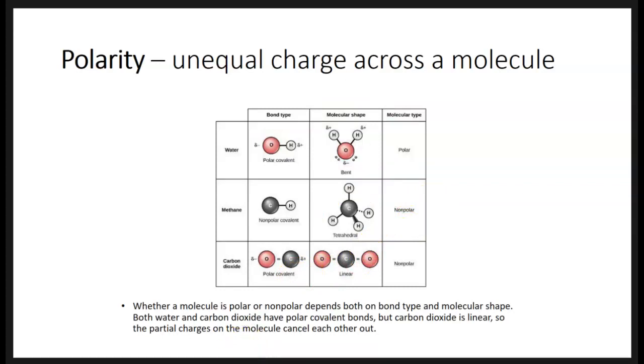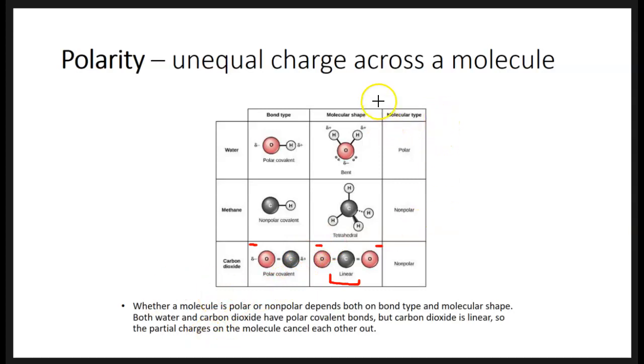We can have molecules that like to retain charge, like oxygen, involved in interactions that are nonpolar. So in carbon dioxide, we have oxygens that like to retain the negative charge, but they're equally distributed on opposite sides of the molecule. Because there is an equal amount of negative pull on either side of this molecule, carbon dioxide is nonpolar.